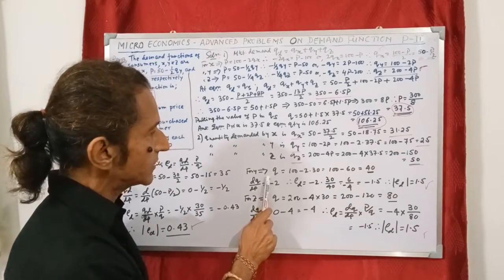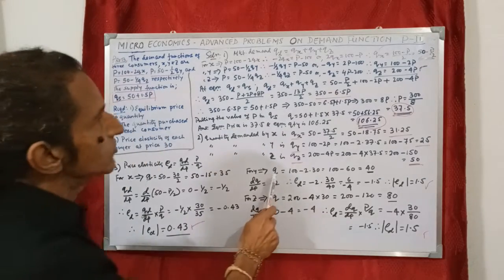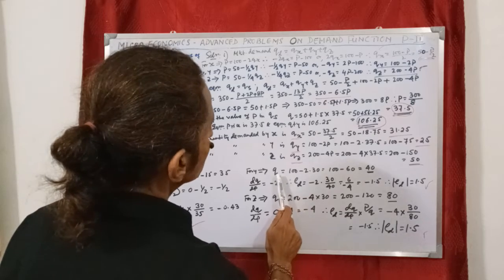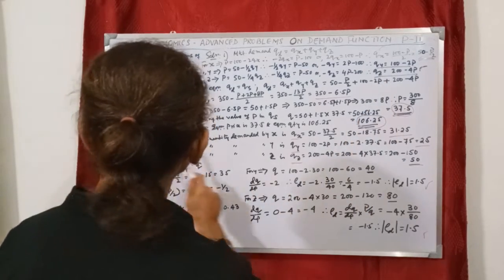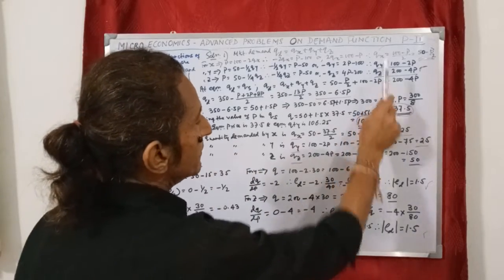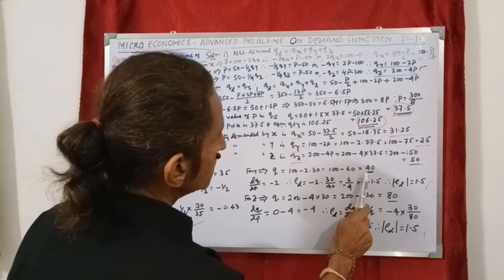Here we calculate the quantity demanded by individual Y. We do the same thing. Q equals 100 minus 2 into 30, that is we put the value of P, that is 30, in the demand function of Y, so Q is 40.